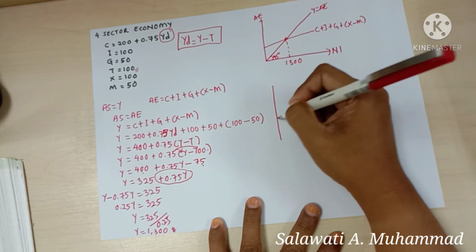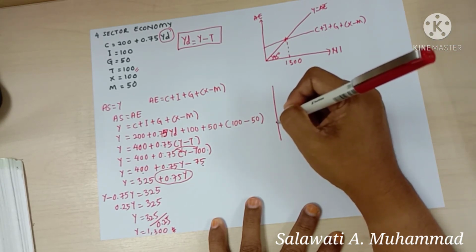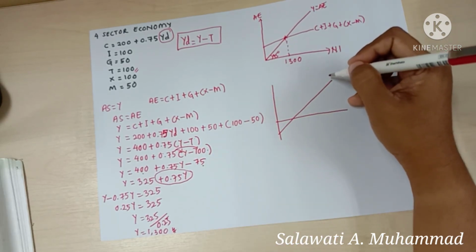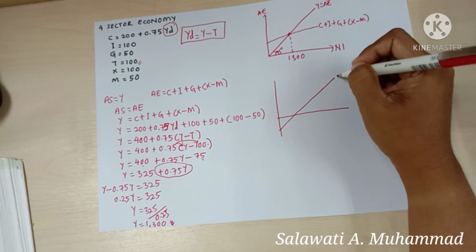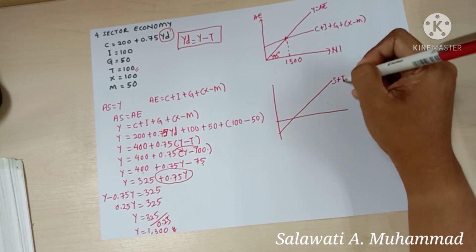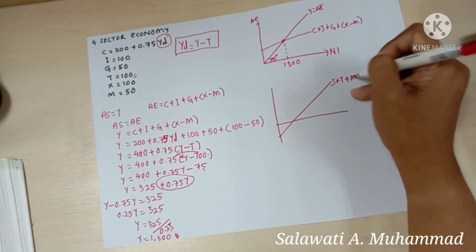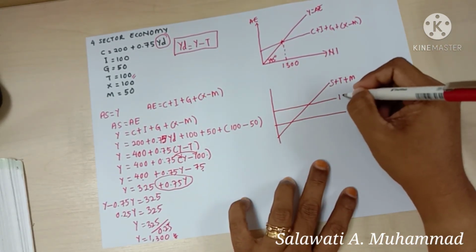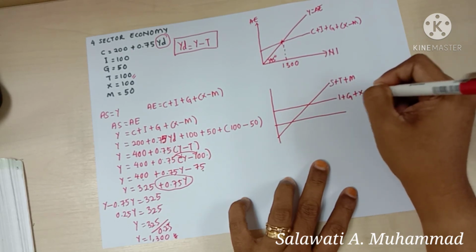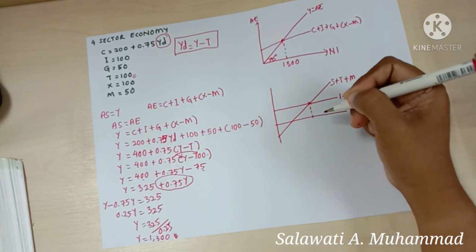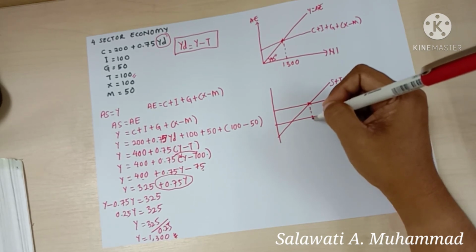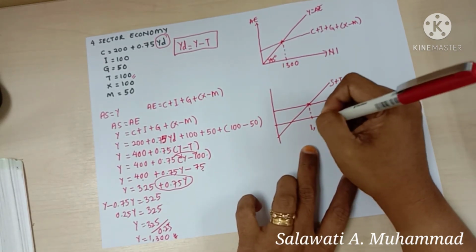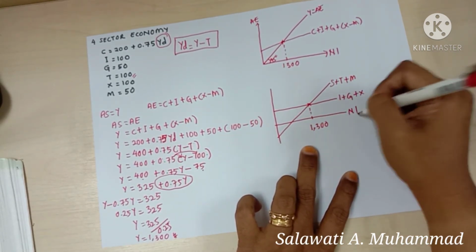By using the leakage injection approach, okay. So we have S plus T plus M. Here is I plus G plus X. Okay, so here it will become 1300 national income.